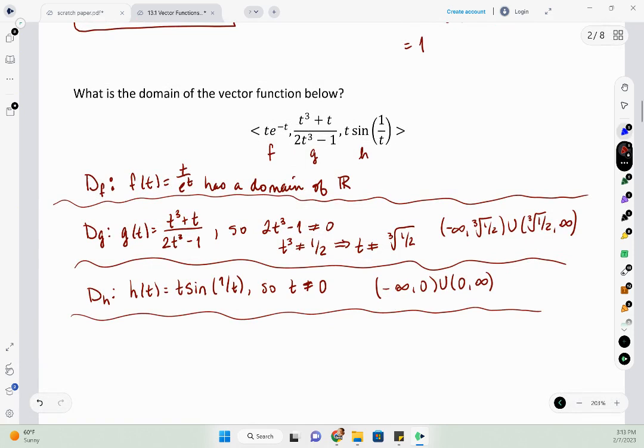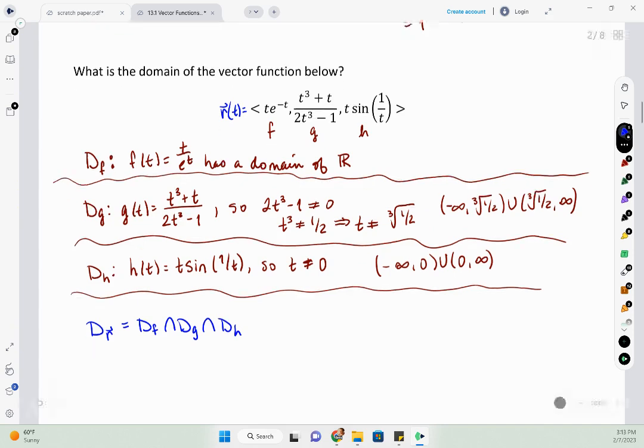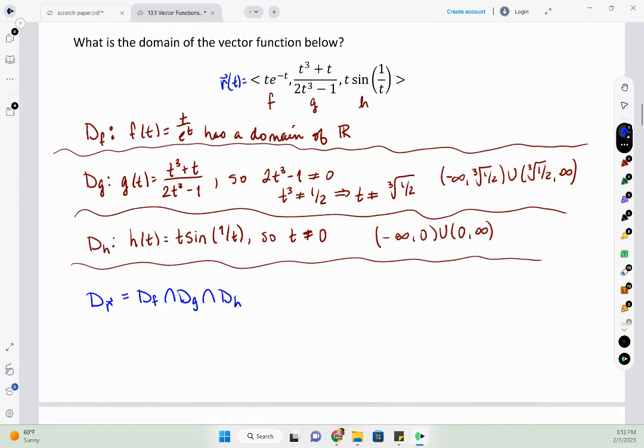This is like our side work here, and our final answer is the domain of R, if we were to name this R of t. So the domain of R needs to be the domain of F intersected with the domain of G intersected with the domain of H. And it looks like the first piece is giving us the entire real number line, right? But the second piece is saying, no, not the cube root of 1/2. And the third piece is saying, no, not 0.